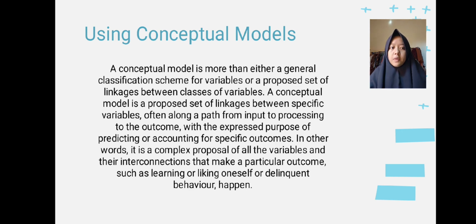Next, using a conceptual model. A conceptual model is more than either a general classification scheme for variables or a proposed set of linkages between classes of variables. A conceptual model is a proposed set of linkages between specific variables, often along a path from input to processing to the outcome, with the express purpose of predicting or accounting for a specific outcome.